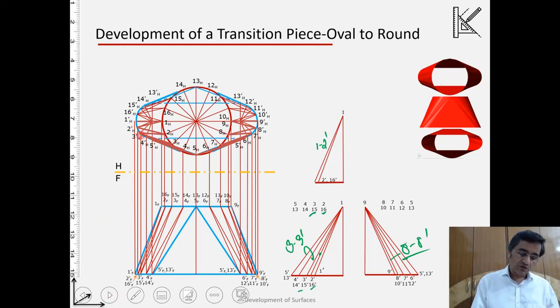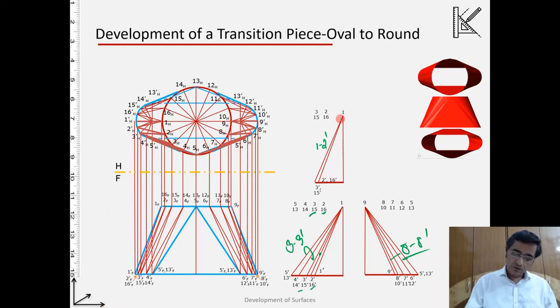Similarly, I can do it for 3. 3 means it is now 2 3 dash. So the line 2 3 dash, I'm finding its true length and then showing it here. So this length now is 2 3 dash.